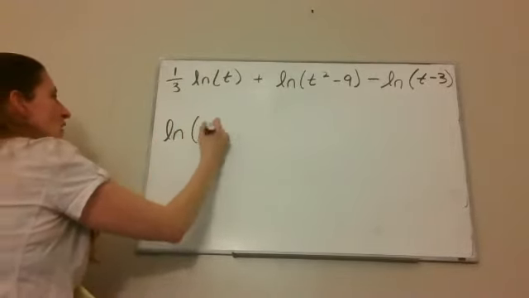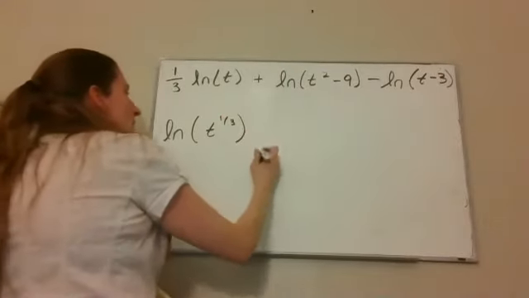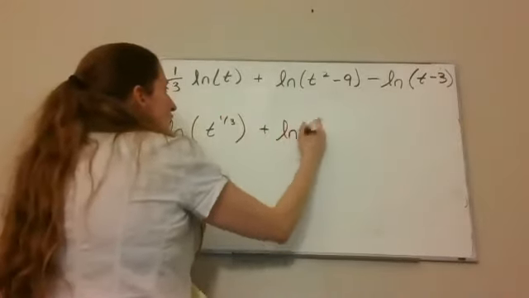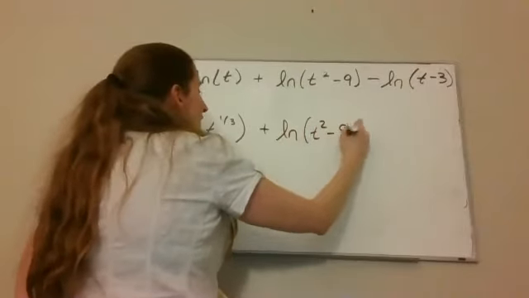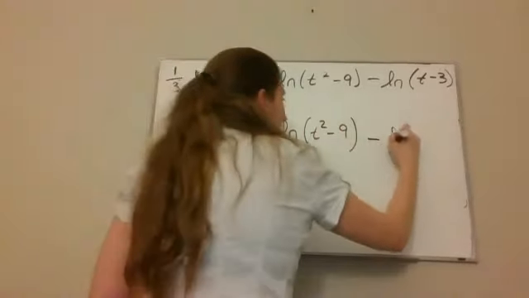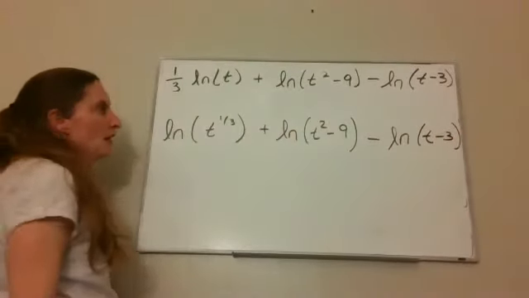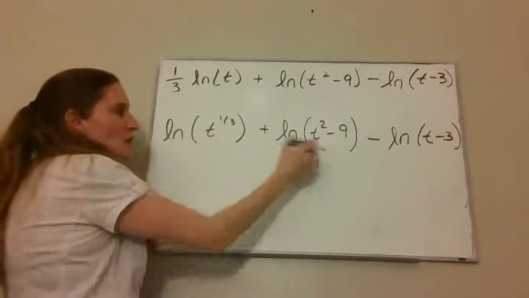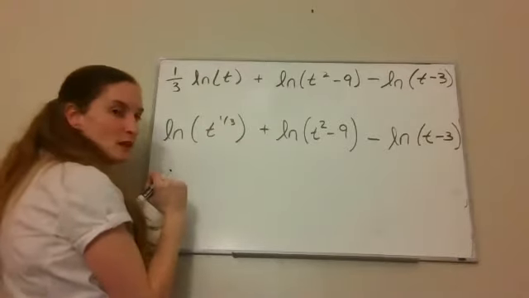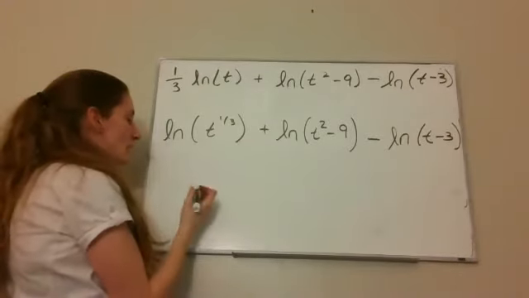So I get natural log of t to the 1/3 plus natural log of t squared minus 9 minus natural log of t minus 3. Now going from left to right, my first two logarithms I come across have a plus in between, so I get to multiply their inputs.